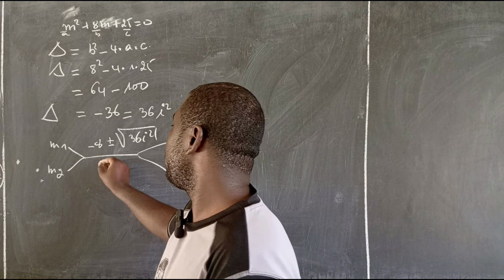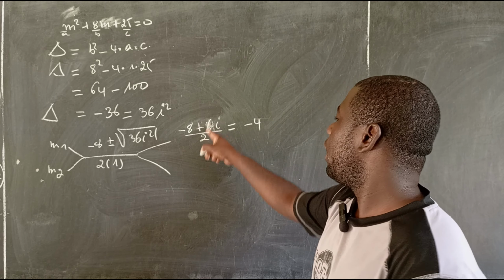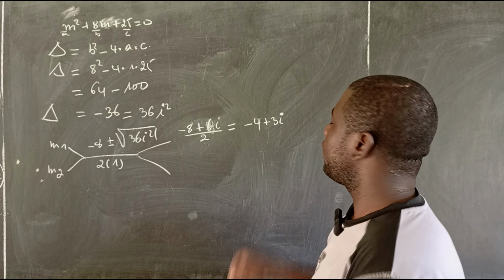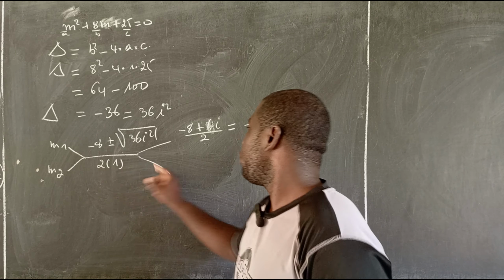So m1 will be negative 8 plus 6i over 2. By dividing, here we have negative 4 and here plus 3i. m2 will be negative 8 minus 6i over 2, which will be negative 4 minus 3i.